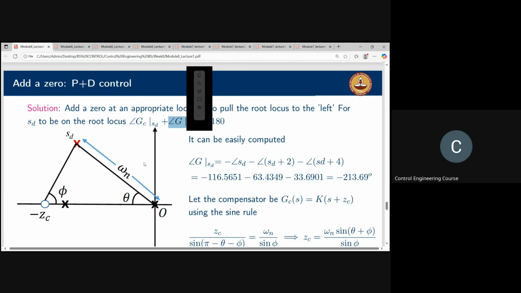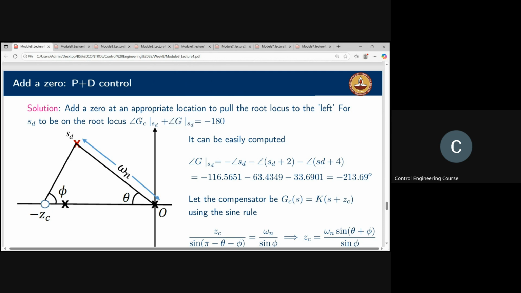And you know GC is S plus ZC, the compensator transfer function. Controller, compensator, these are all different names for the same thing. Electronics people call it a compensator, and other people call it a controller. A PD controller is basically a version of a lead compensator.